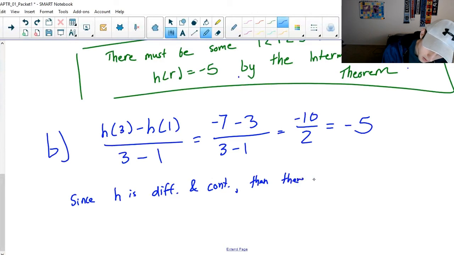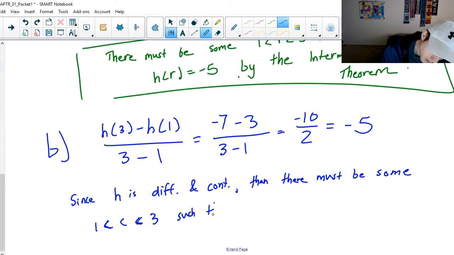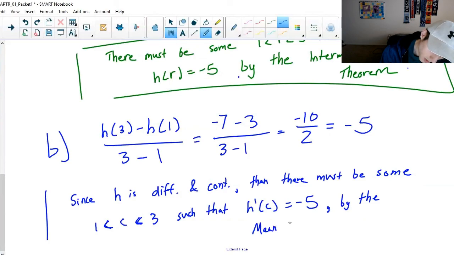Then there must be some c that's between 1 and 3 such that the derivative of h at c is -5. And how do we know that? That is by the mean value theorem.